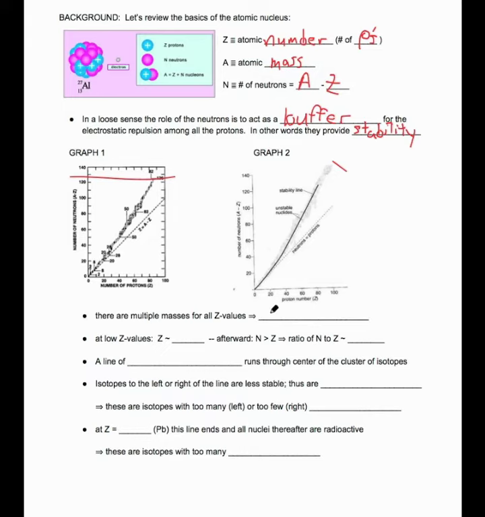Alright, so this introduces the concept of something we should be familiar with, and that's isotopes. Isotopes have the same atomic number, just different atomic masses because of the varying number of neutrons. Chemical properties are identical, it's just that the masses are different, which leads to some differences, but primarily it goes towards stability. As mentioned a few seconds ago, at low Z values, the number of protons, Z, equals the number of neutrons.